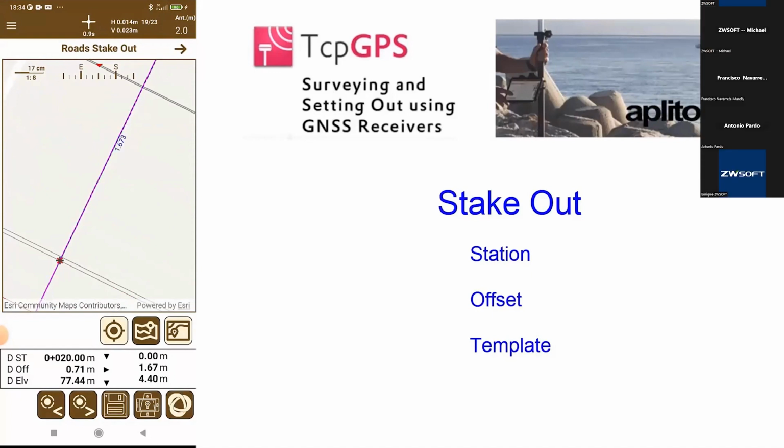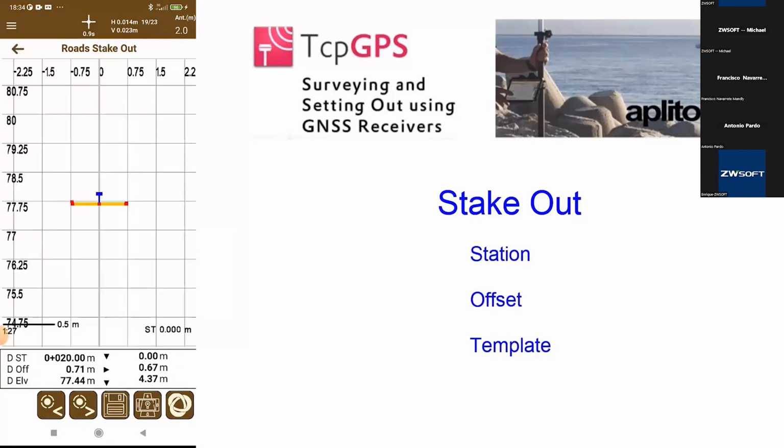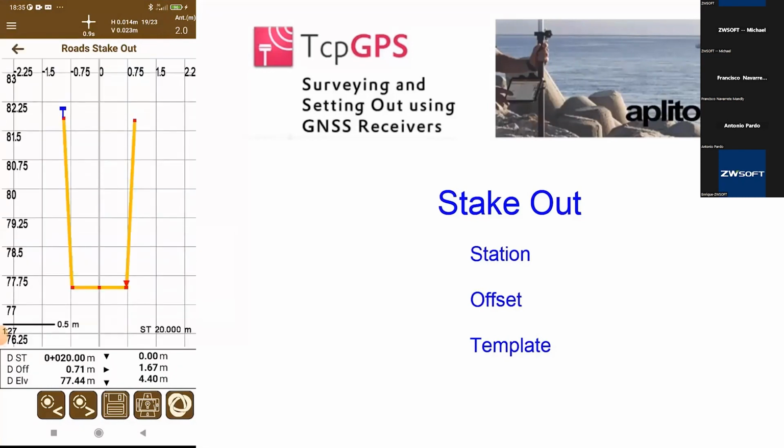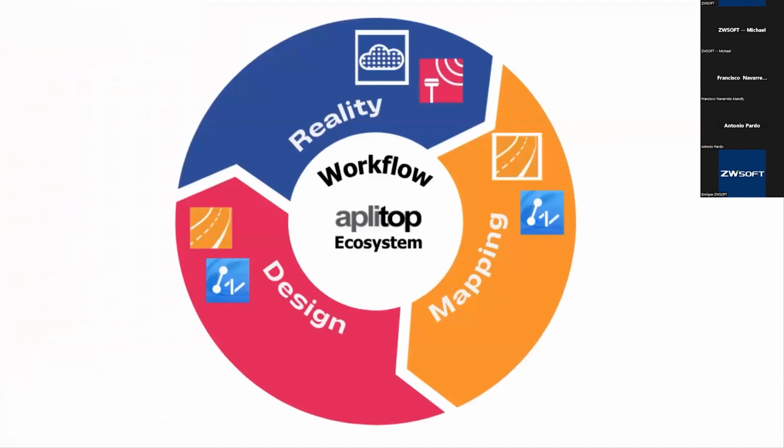And in the elevation we need to go down 4 meters 40 centimeters. We need to move to the right side to stake out the point, and the elevation reference is 4 meters 40 centimeters. At the end we need to make all the marks in the field.